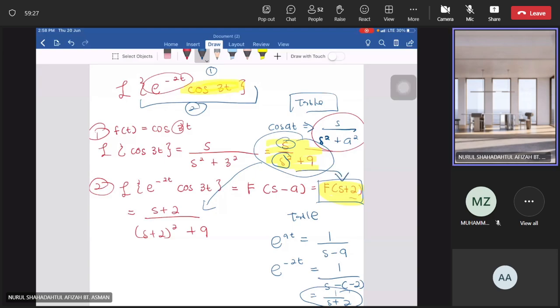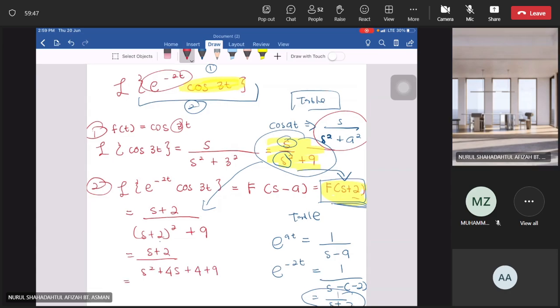So s goes to s plus 2, and then the same one, this one, (s plus 2) squared plus 9. So you just calculate the value: s squared plus 4s plus 4 plus 9, so (s plus 2) over s squared plus 4s plus 13. Yeah. So this is the final answer.